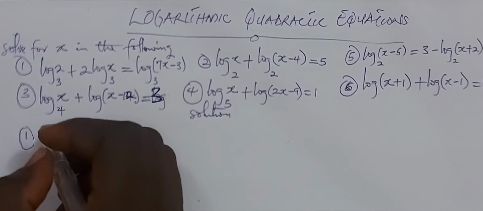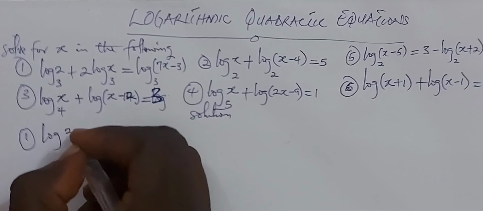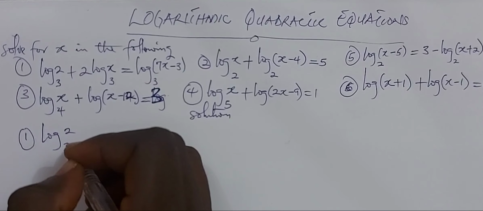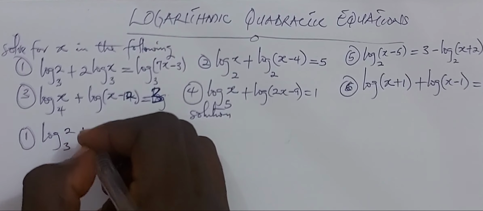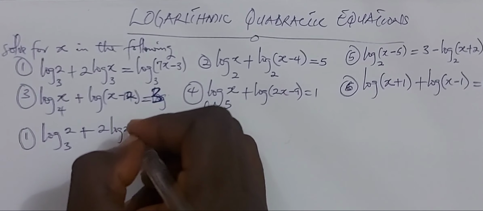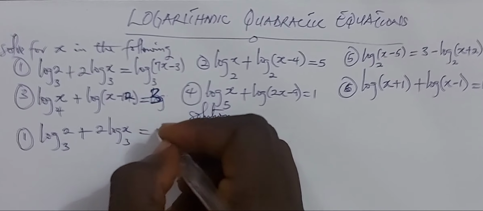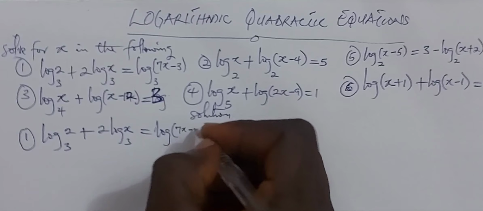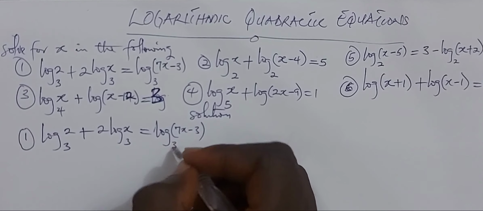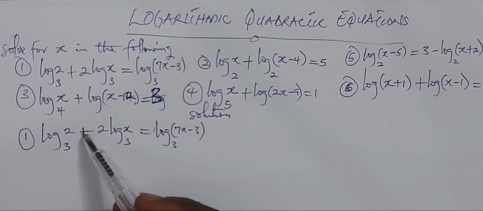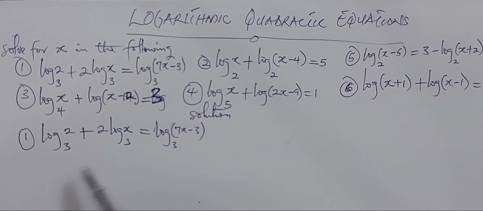Number 1: log 2 to base 3 plus 2 log x to base 3 equals log of (7x minus 3) to base 3. Remember, in our laws of logarithm, plus changes to multiplication.